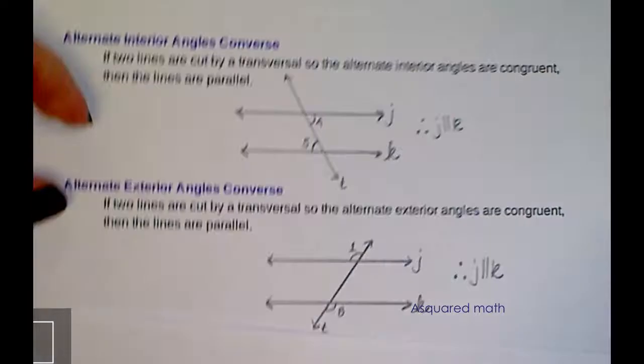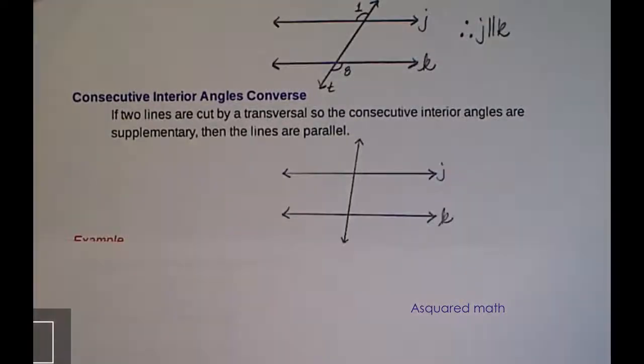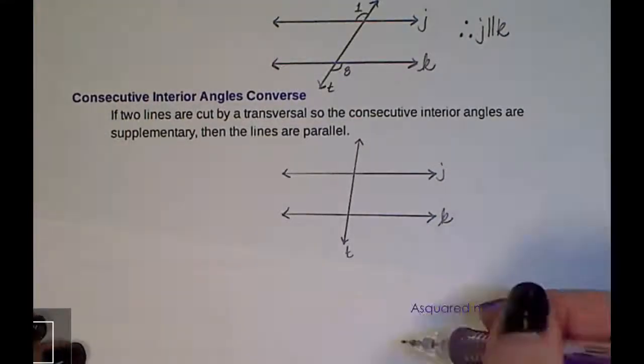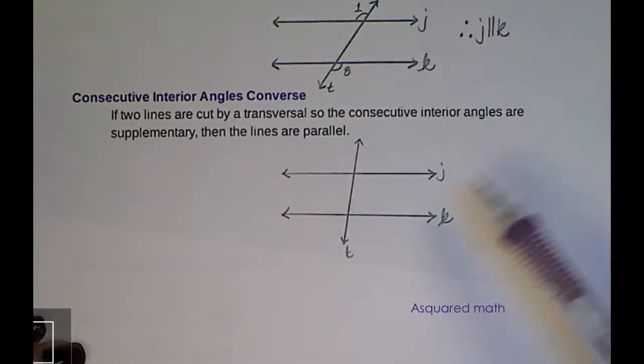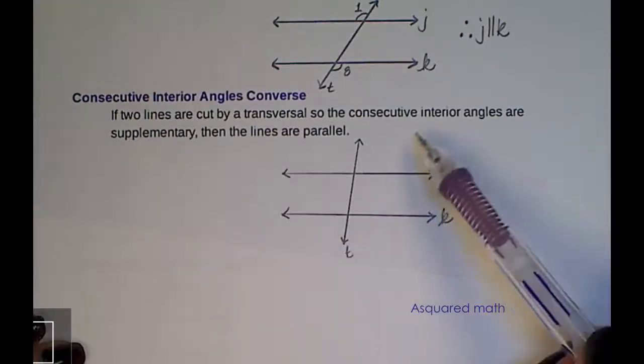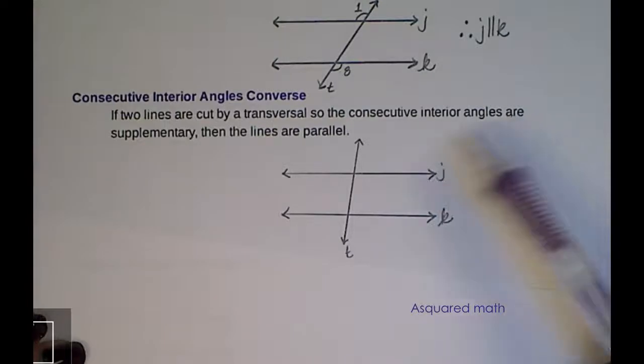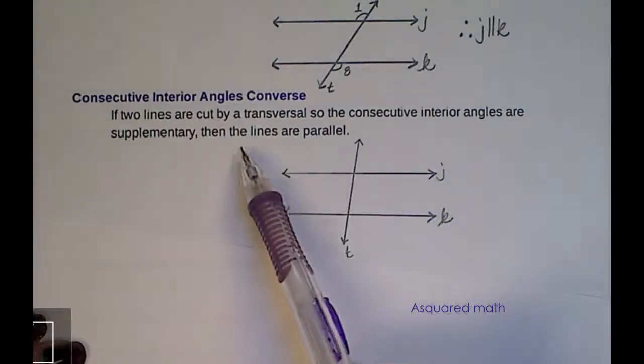The last converse we have to talk about is the consecutive interior angles converse. The consecutive interior angles converse says, if two lines are cut by a transversal, so the consecutive interior angles are supplementary, then the lines are parallel.